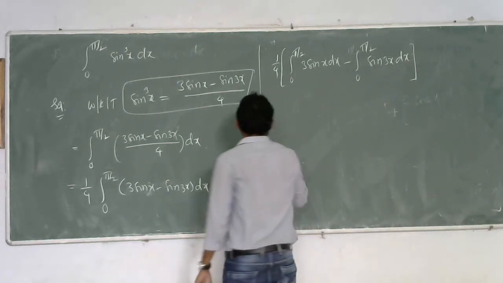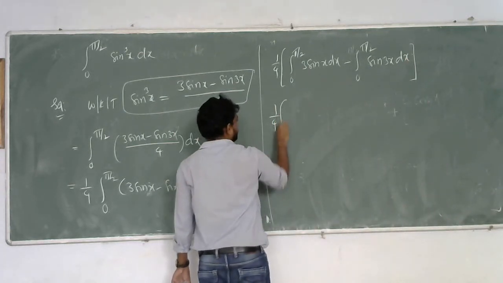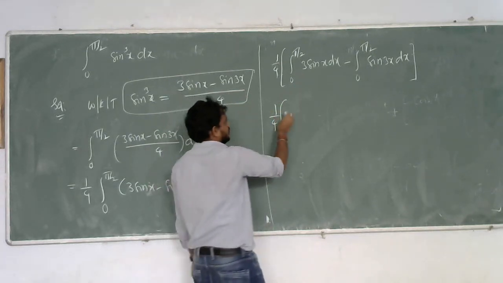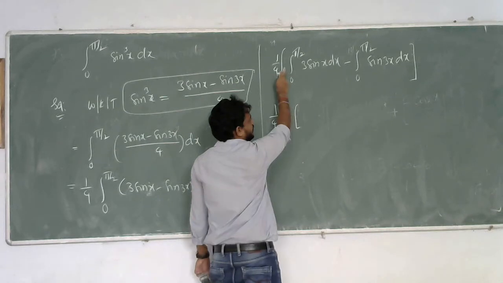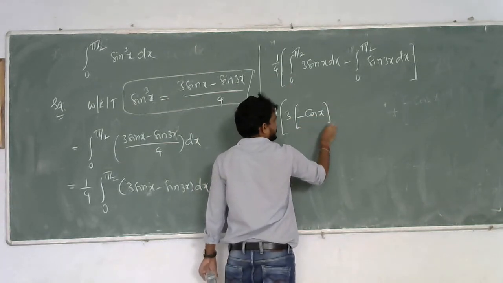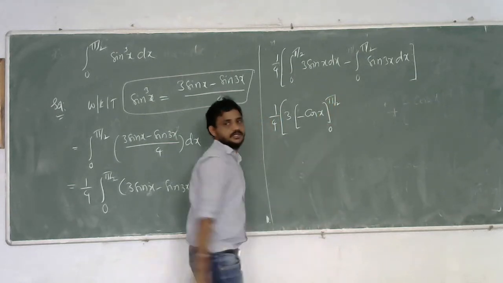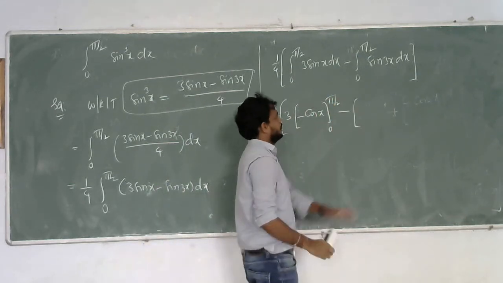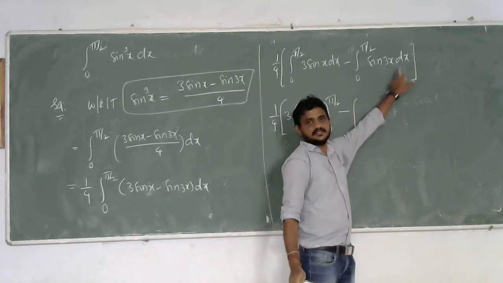Next, here 3 is a constant, so let us write that 3 outside. The integration of sin x is minus cos x, limits 0 to pi by 2. Next, the second one, minus, here we have integration of sin 3x, not sin x.